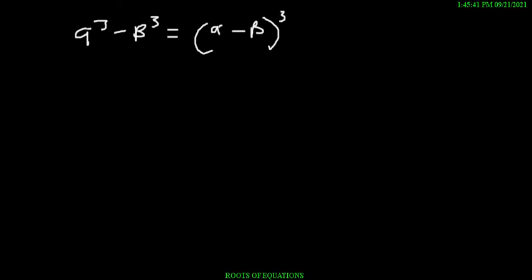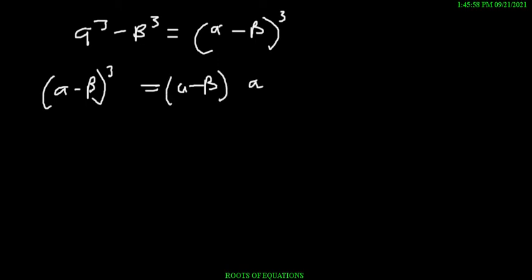And again we say, okay, alpha minus beta cubed should be equal to alpha minus beta times alpha minus beta squared.